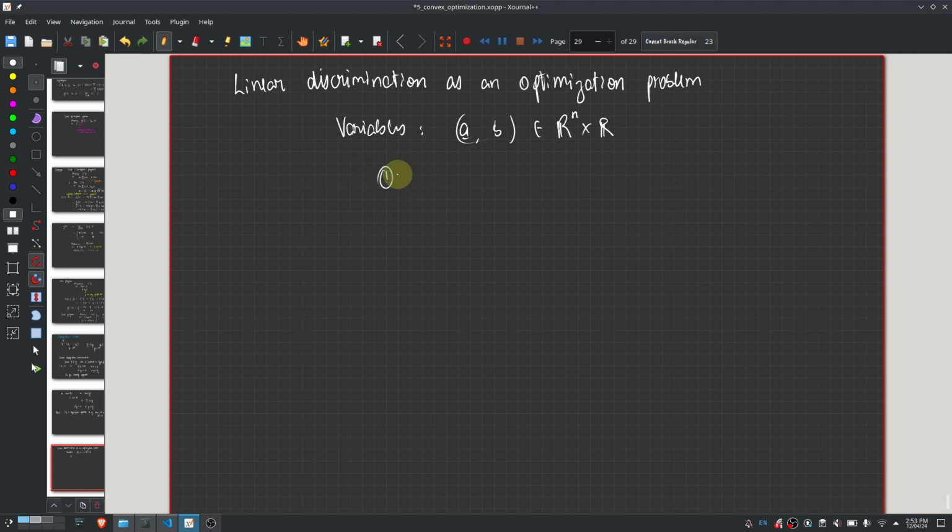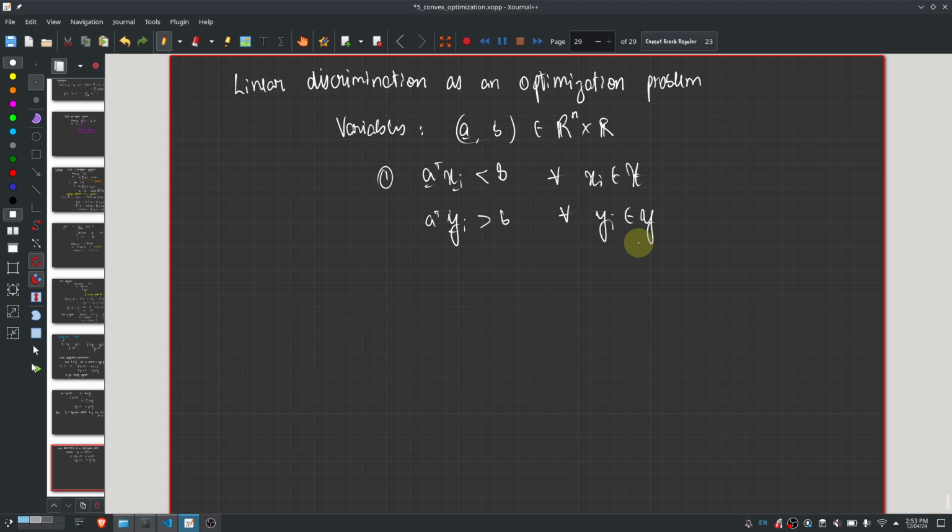A transpose xi is less than b for all xi in this set, and A transpose yi is greater than b for all yi belonging to set y. Okay, so these are constraints.